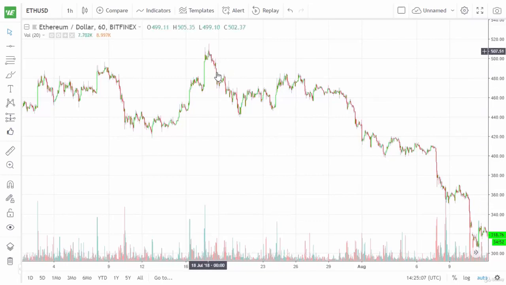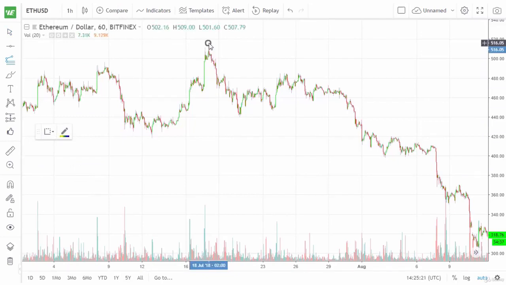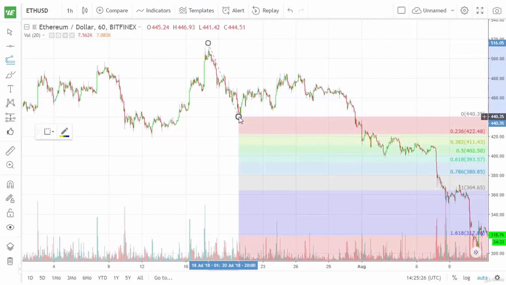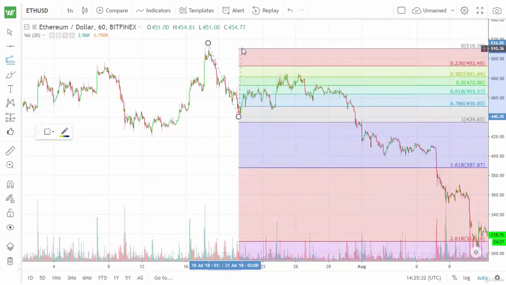So if you have broken down here, you have already been short, for example, you can go to the same menu and then sub-menu. You look for fib extension, trend-based fib extension. You draw a line from there to your swing low, like you did with your Fibonacci retracement. And then you pull it back to your level.